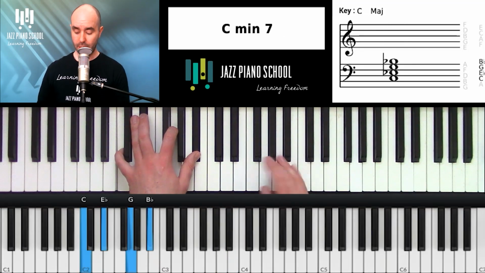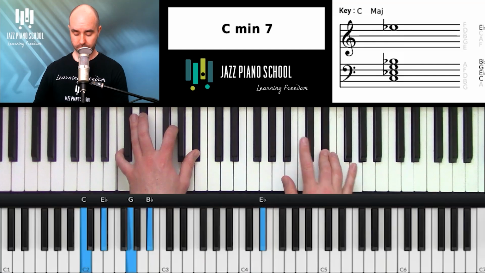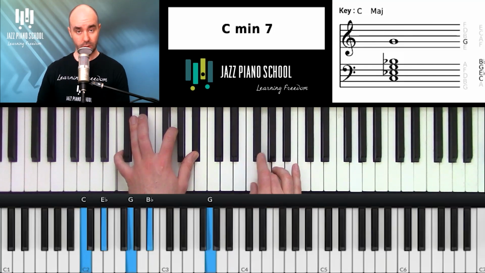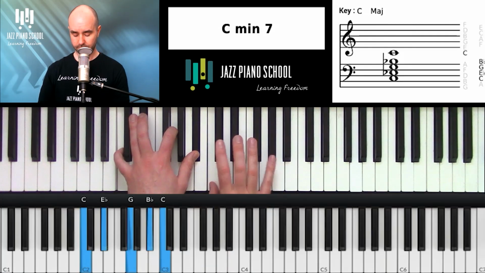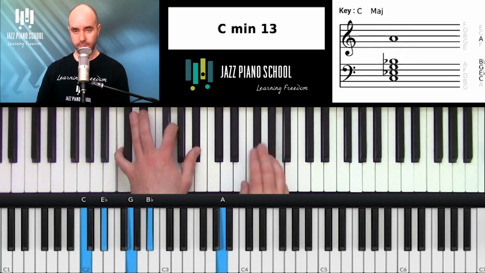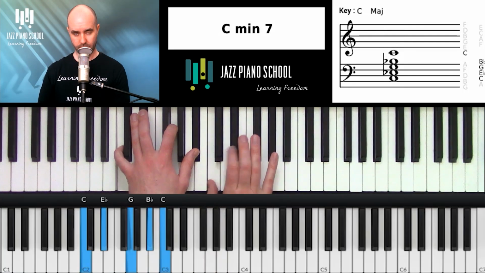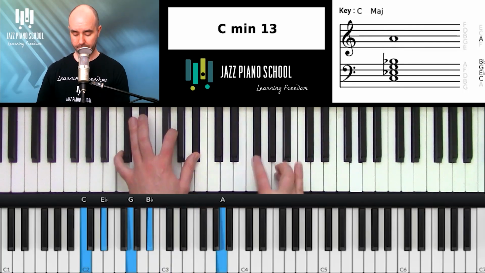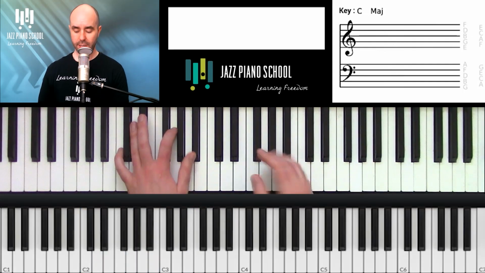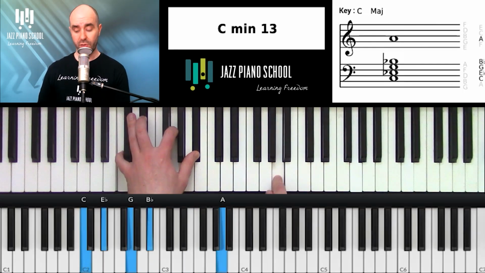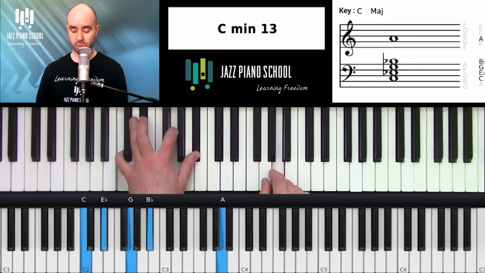Right? You can go up. You can go down. Right? Whatever it is, this is a beautiful note. This natural 13 is a beautiful note to use.